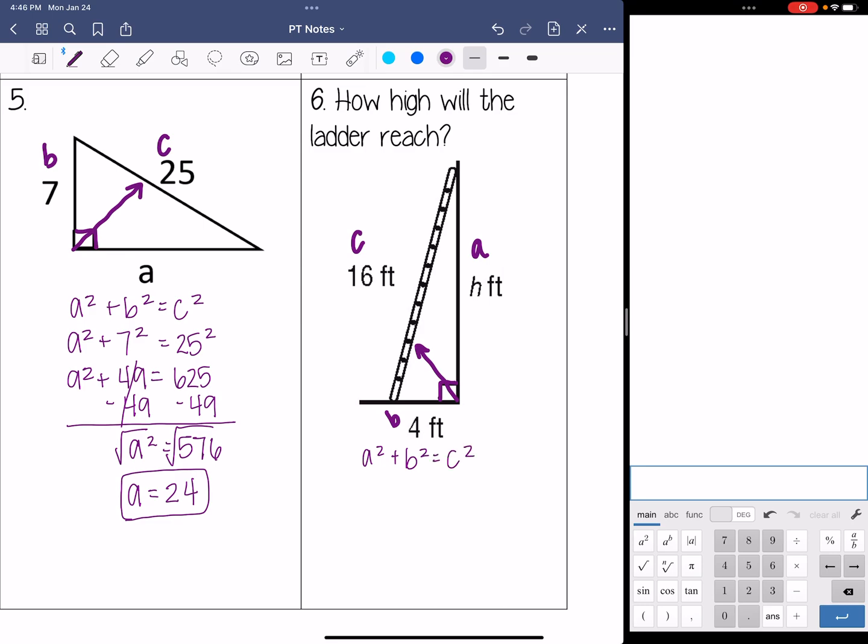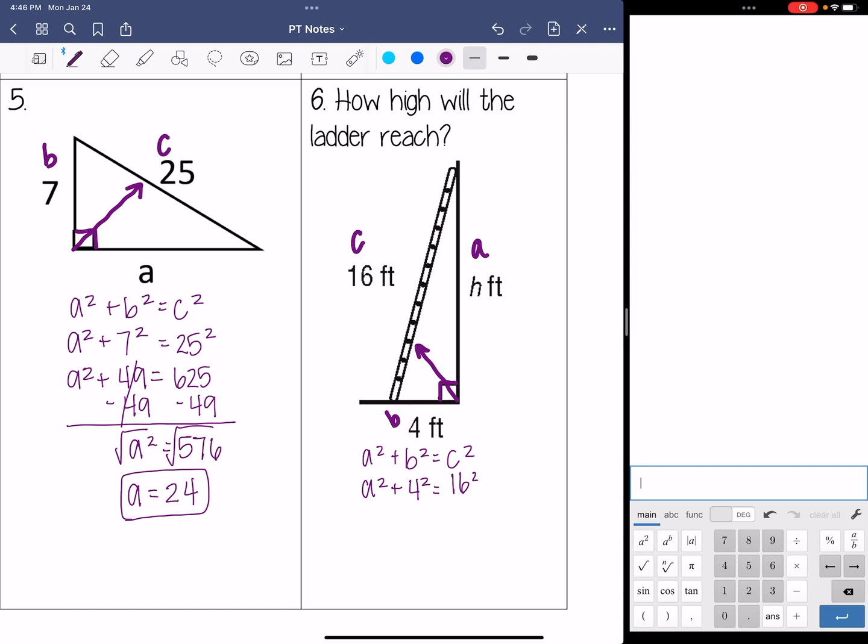So for A squared, the value I have for A is H. So I'm going to leave A as A squared plus B, the value I have for B is 4. So this is going to be 4 squared. And this equals, the value I have for C is 16. So I'm going to substitute C with 16 squared.